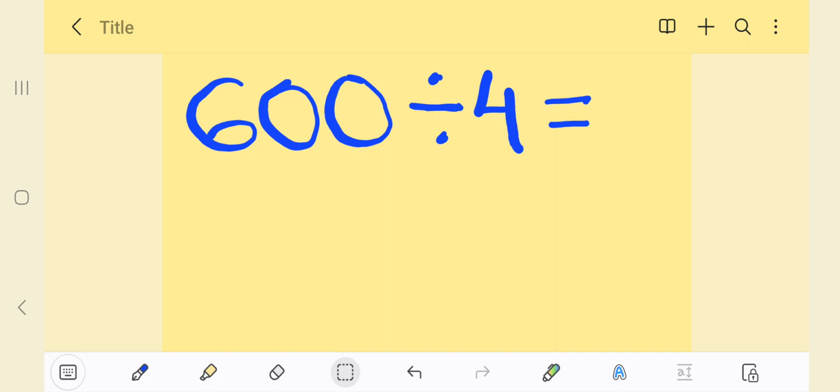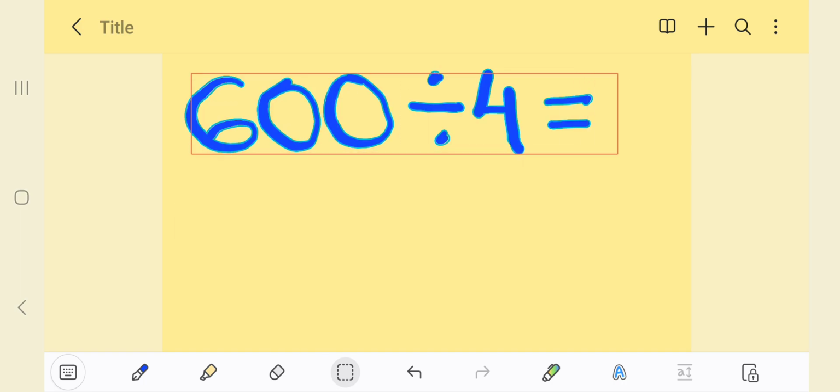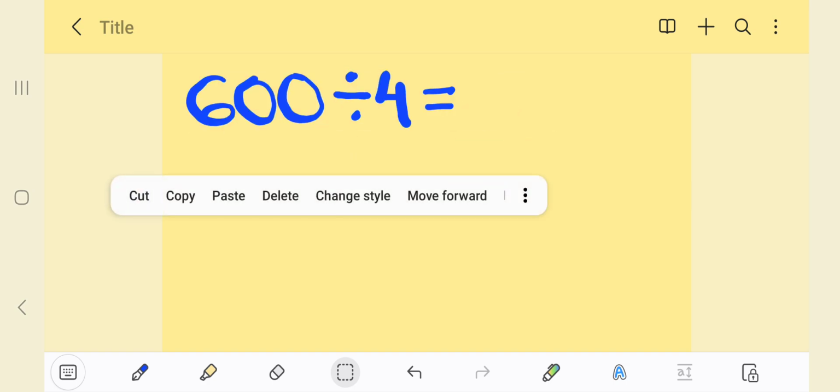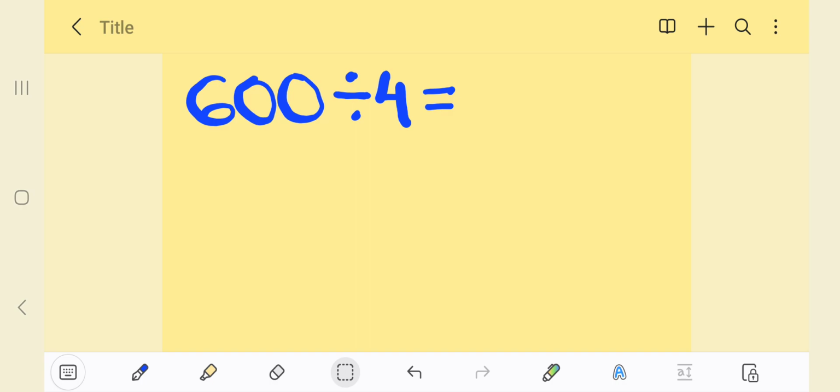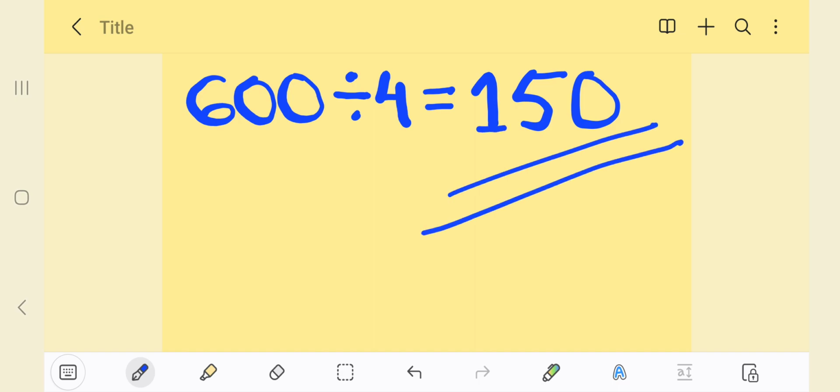And in the answer side, let me make some space because it looks a little bit crowded. Now we get the space to write the answer, and 600 divided by 4, the answer we got is 150, and this is the answer.